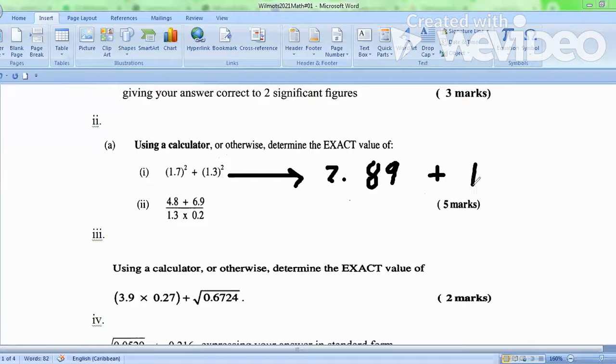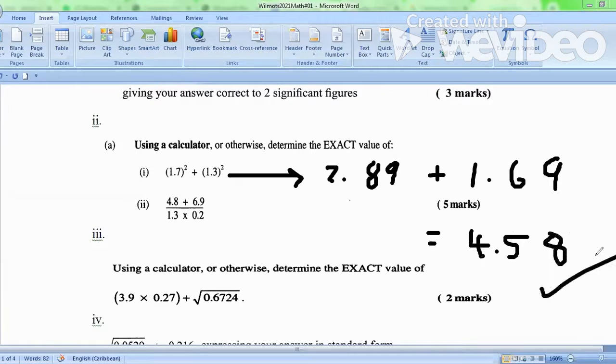Okay, and then you'll add 2.89 plus 1.69, that will equal 4.58. Very good. And then that would be the answer, or should I continue?